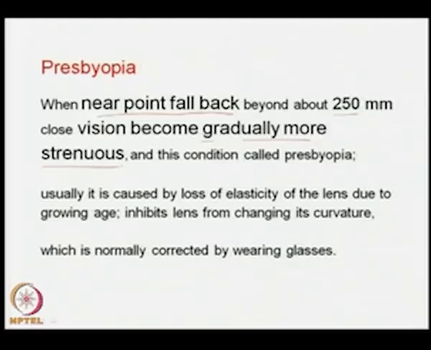If we want to focus without glasses, it becomes more strenuous, and this condition is called presbyopia. Usually, it is caused by loss of elasticity of the lens due to growing age, which inhibits the lens from changing its curvature. These are problems which are normally corrected by wearing glasses.